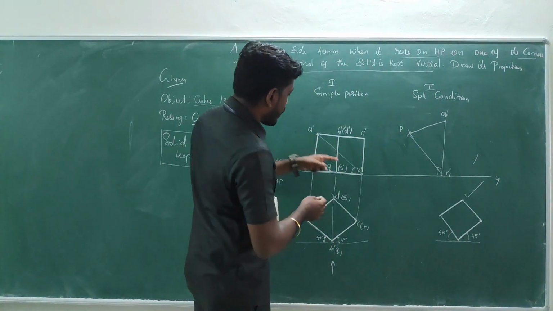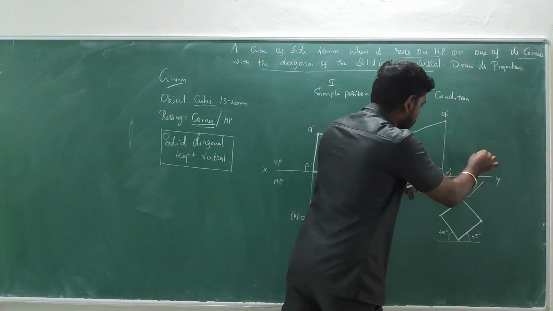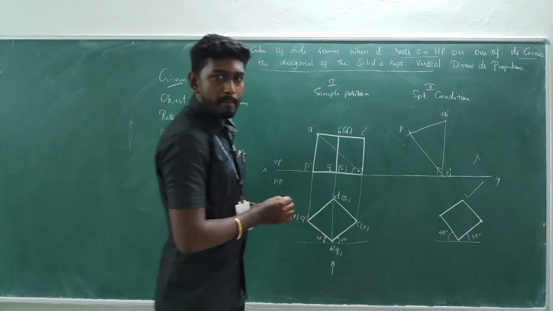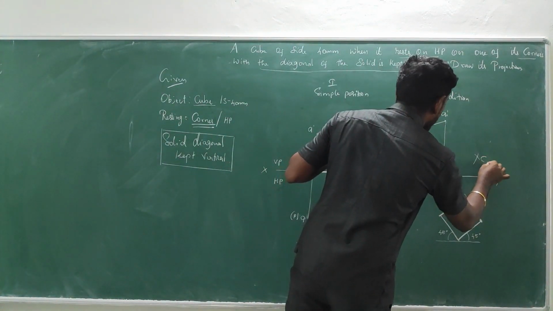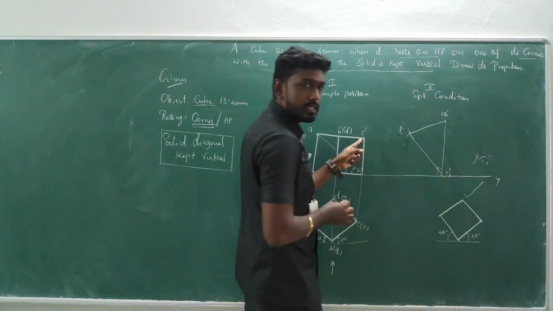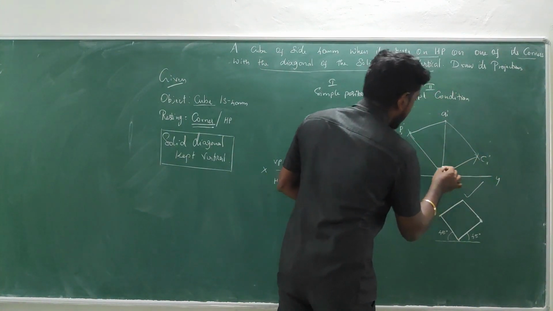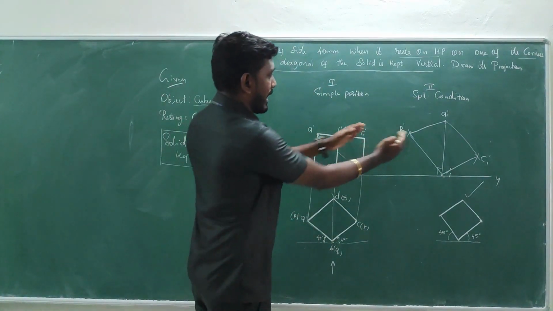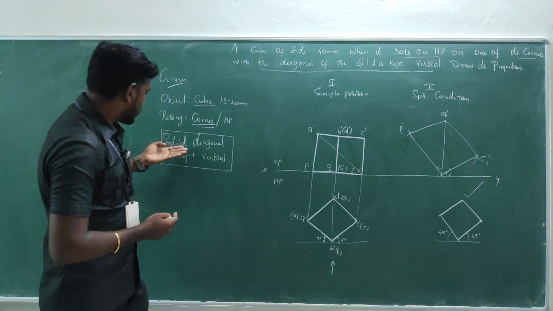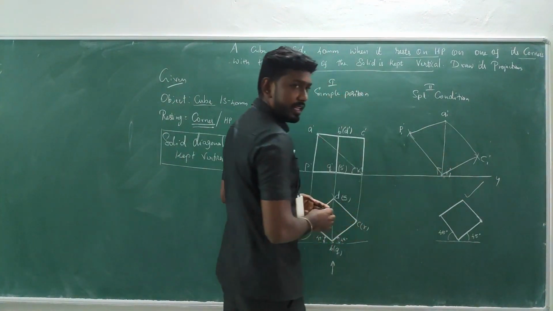Then measure from R to C, and keeping at R just go for a cut mark so that you will identify the C. This is the point C1 dash. Here it is P1 dash. If you connect A to C and C to R, you will get the same shape, that means the solid diagonal kept vertical.